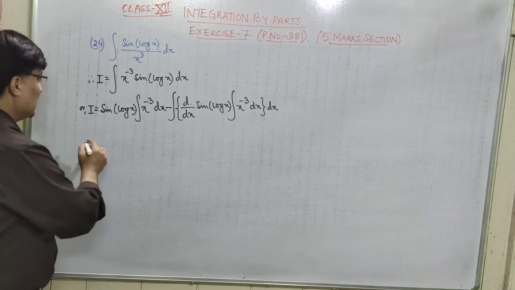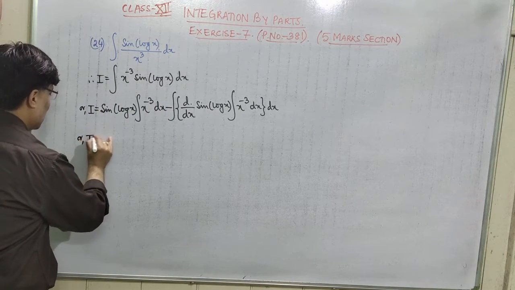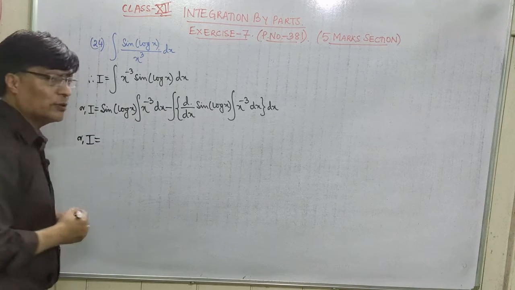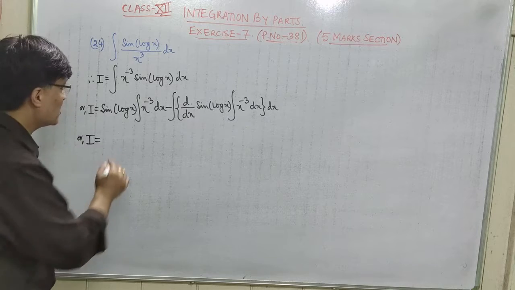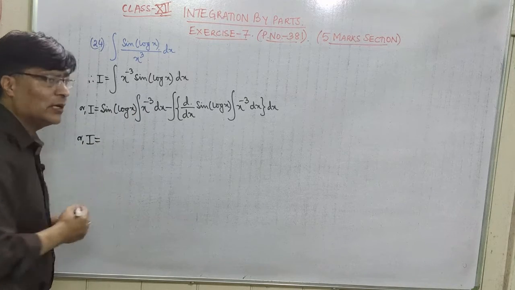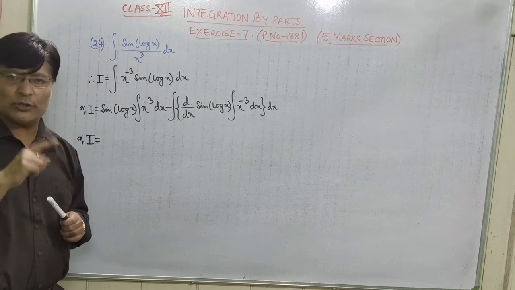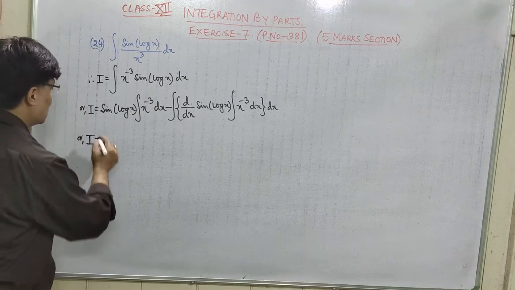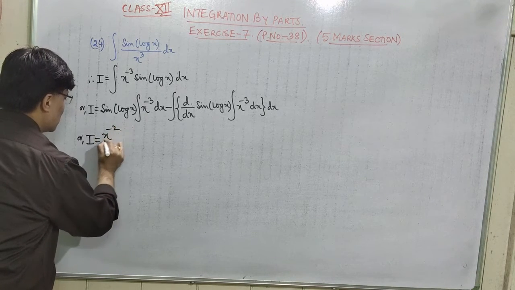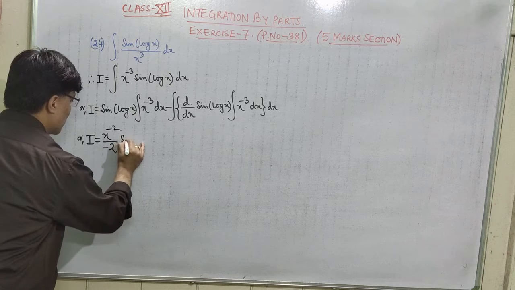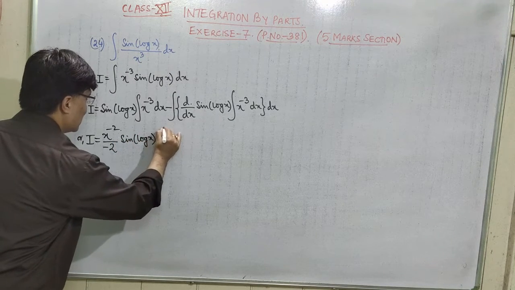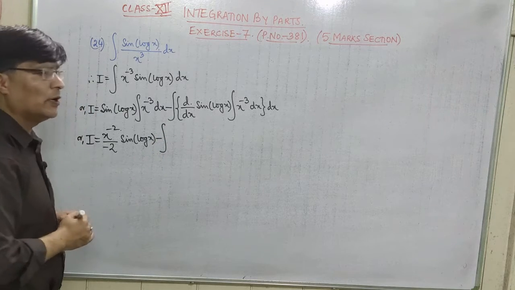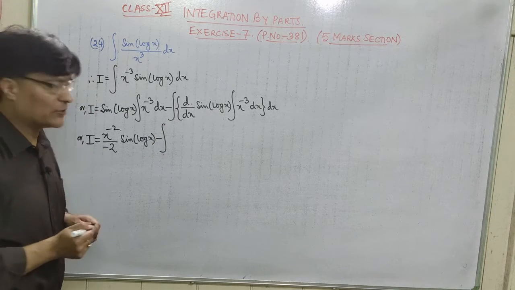Understood? So now next, I is equal to, what is integration of x to the power minus 3? Let us integrate it first. It is just like x to the power n dx, so x to the power n plus 1 divided by n plus 1. So it is x to the power minus 2 divided by minus 2. Then you can write sine of log x minus integration of, what is dy dx of sine of log x?